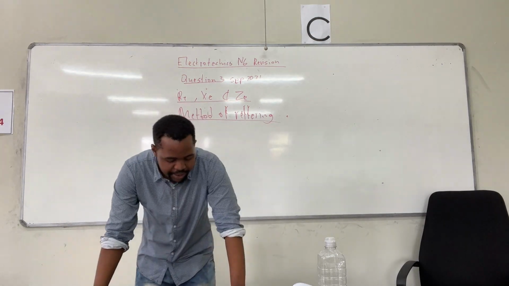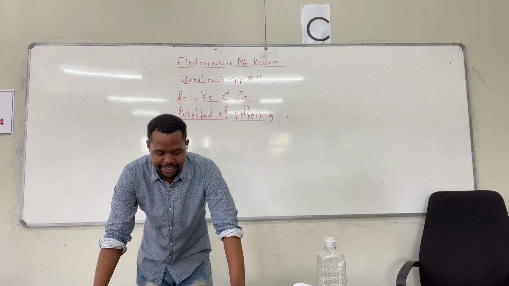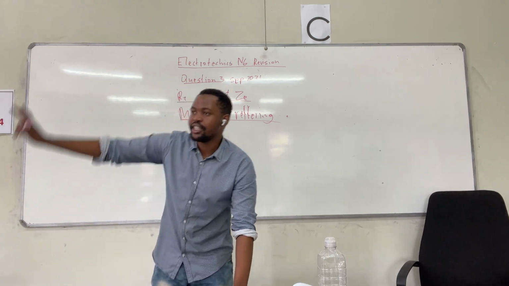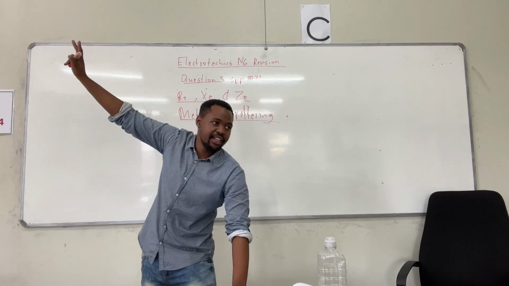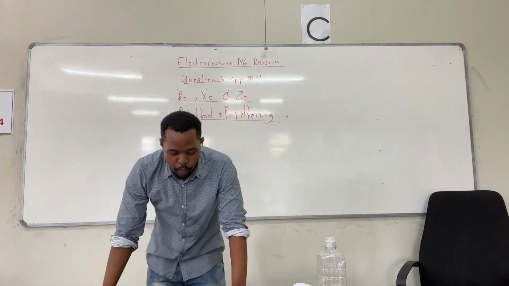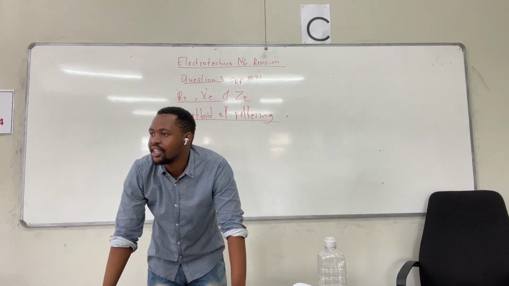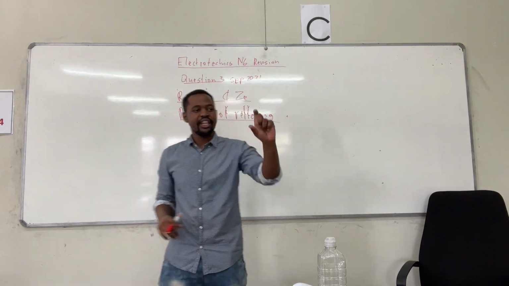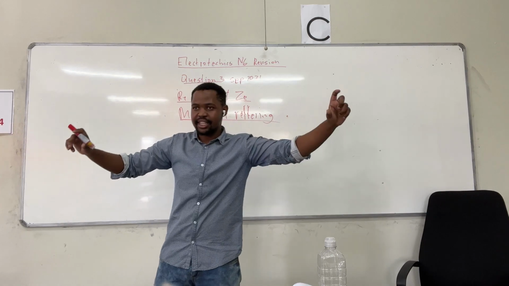It says there, transformer calculations are generally difficult because there are two circuits or windings to take into account. These two circuits are the primary circuit and the secondary circuit.